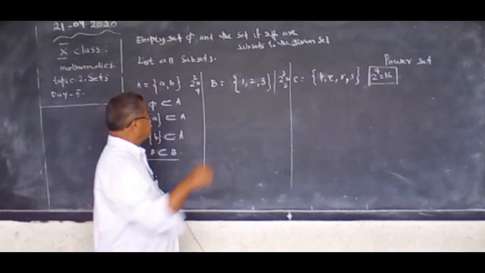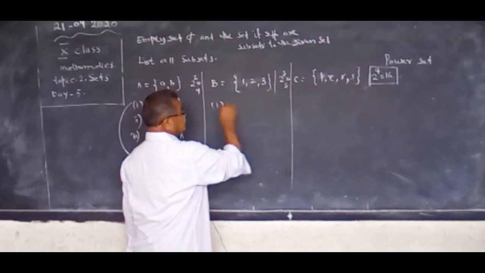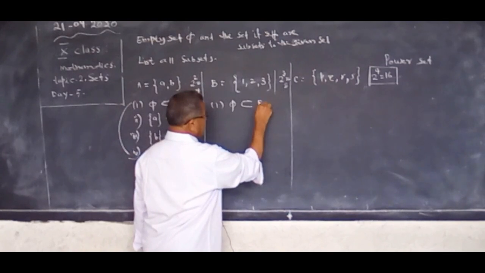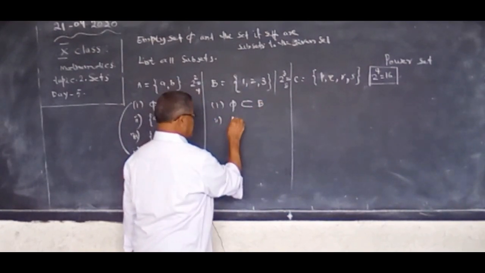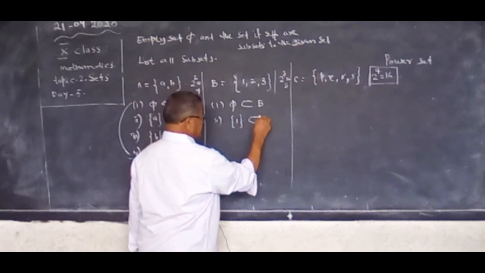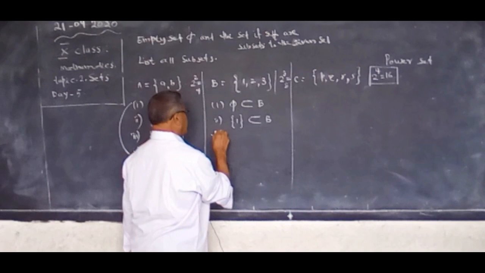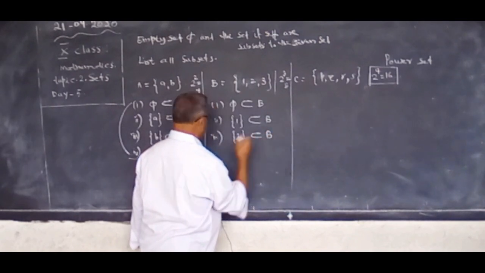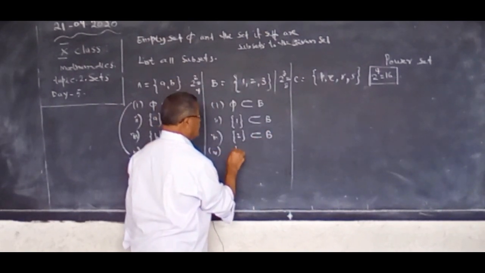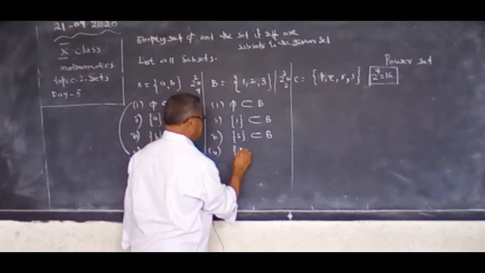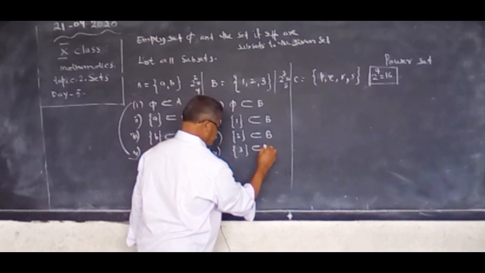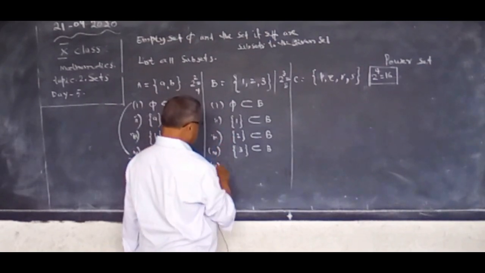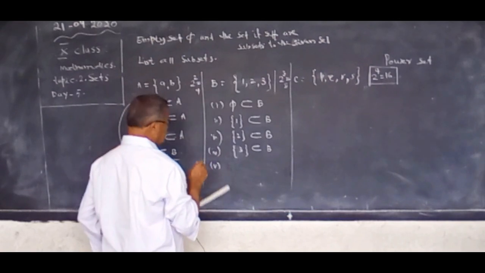So next, B. Number 1. We have 8 subsets. First, the null set is a subset of B. And second, one element: 1 is an element of B, 2 is an element of B, 3, 4, 5.